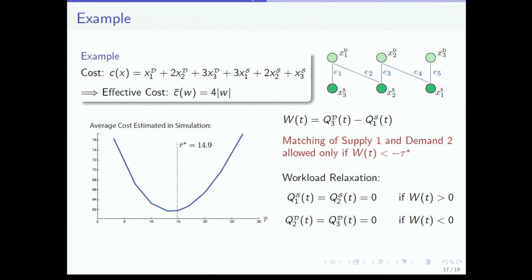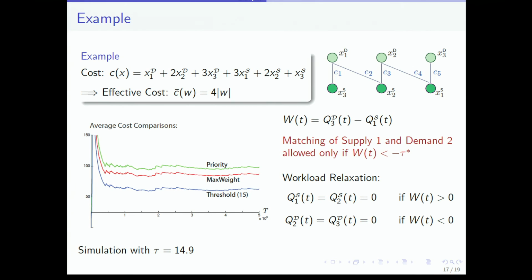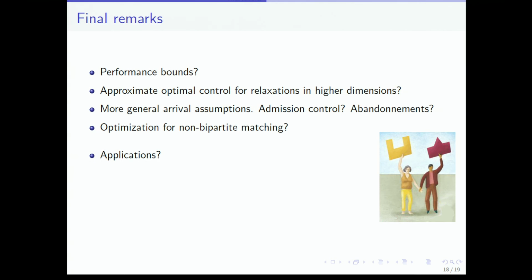And then here is the cost function. The estimation of the threshold is around 15, and if you actually run the system with this threshold policy, you get much better results than just using max weight. Basically, these are just first results.